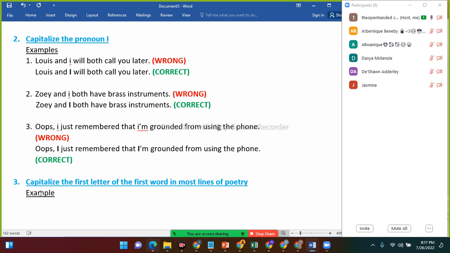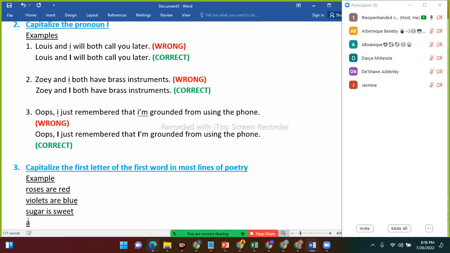So let's say we have the poem: roses are red, violets are blue, sugar is sweet, and I am 2.